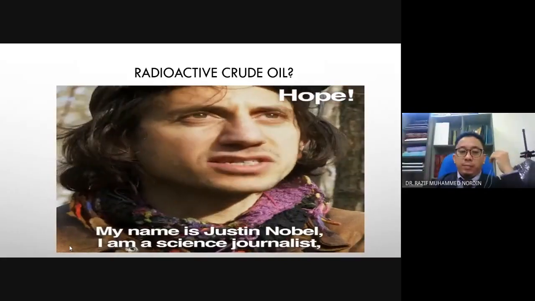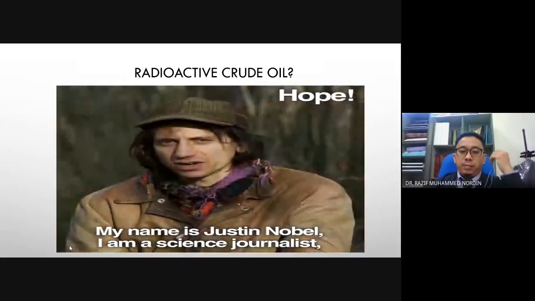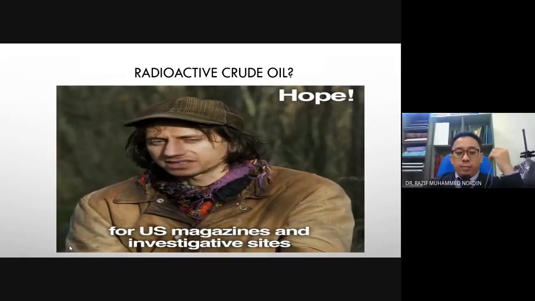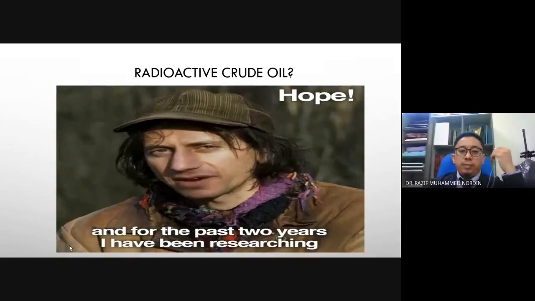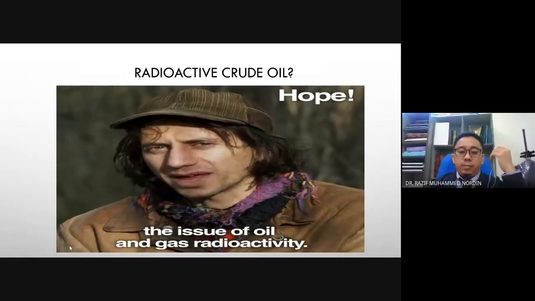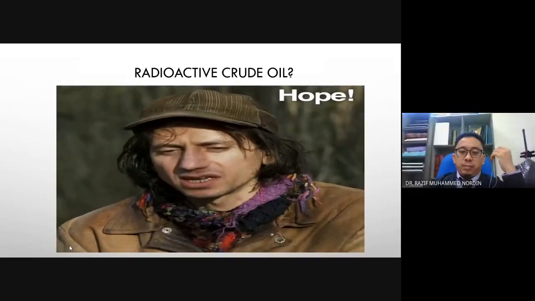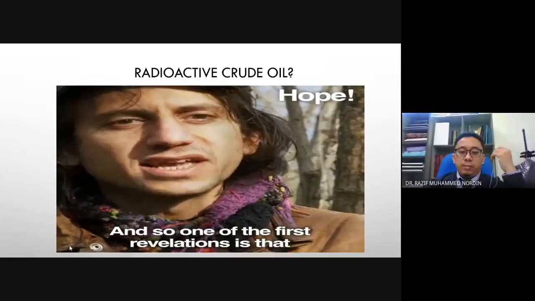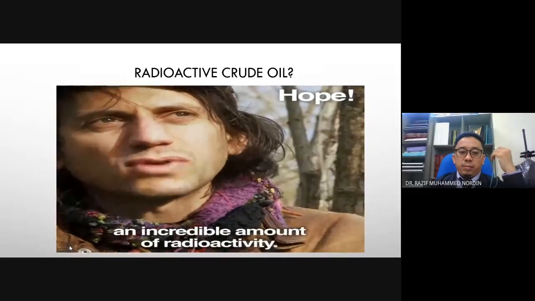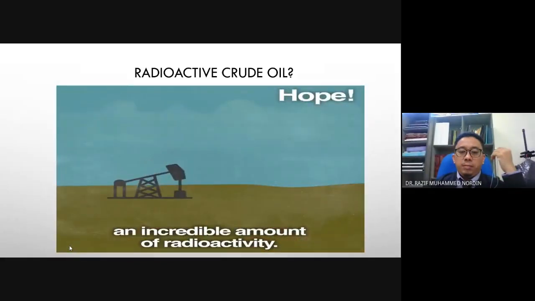My name is Justin Noble. I'm a science journalist. I write about issues of science and the environment for US magazines and investigative sites. And for the past 2 years, I've been researching the issue of oil and gas radioactivity. And so one of the first revelations is that oil and gas production brings with it to the surface an incredible amount of radioactivity.